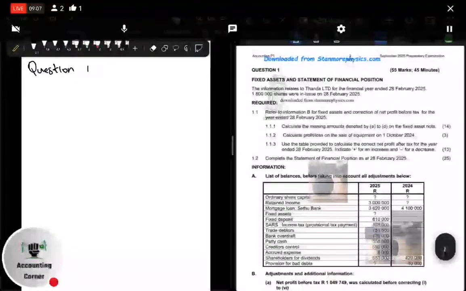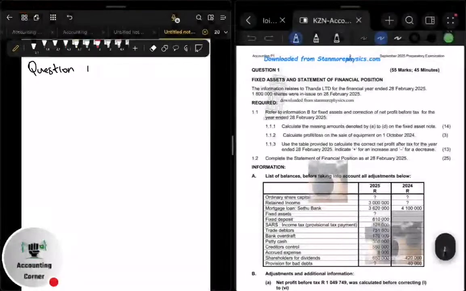Okay, let's go through question 1. It says that we're doing fixed assets and the statement of financial position. The information relates to Tanda Limited for the financial year ended 28th February 2025, and 1,800,000 shares were in issue on the 28th of February 2025.